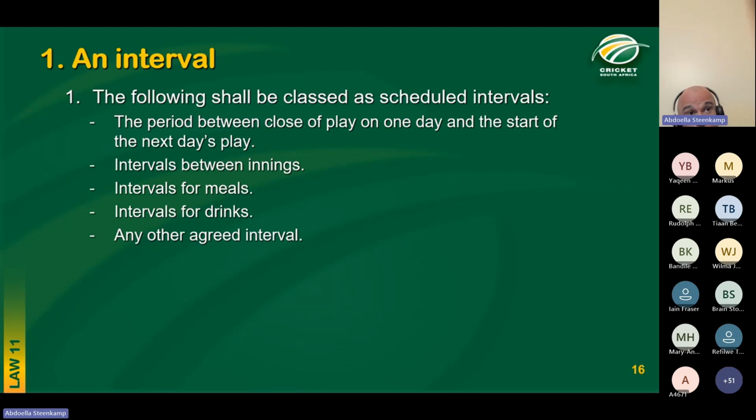For your meals, the ICC for Test match cricket says your lunch interval is to be 40 minutes and your tea interval 20. For drinks, the ICC tells us 4 minutes. And for any other agreed interval, the length will be decided before the game starts.